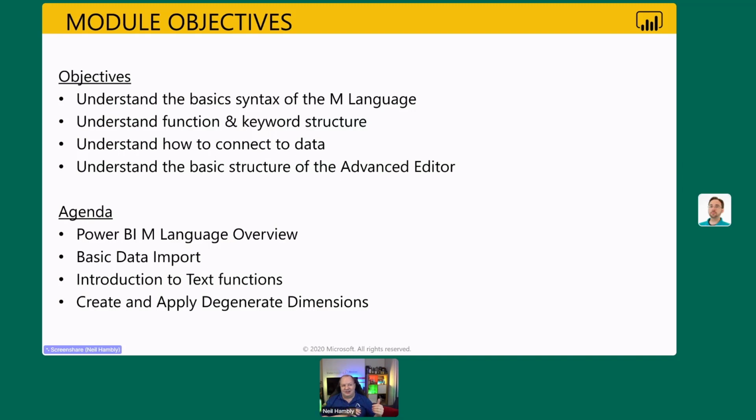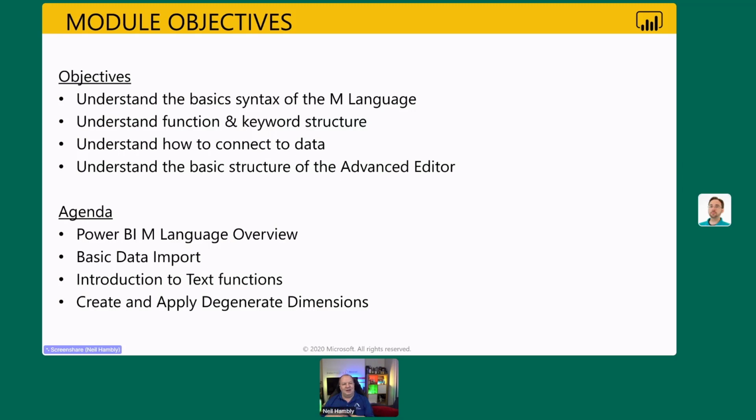So you can have different systems need data in a different shape, different kind of processing, so filling gaps in, capitalizing values, all that kind of stuff we need to do in the preparation. We need to make sure we do that correctly. Now, we need to understand here the basic syntax of the M query language, the functions and keyword structure that we can use in the M language, how to use and connect to data, and something we call the advanced editor.